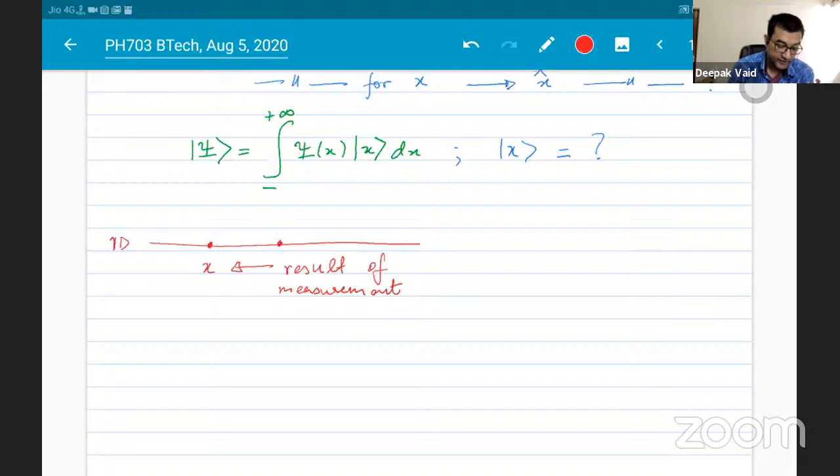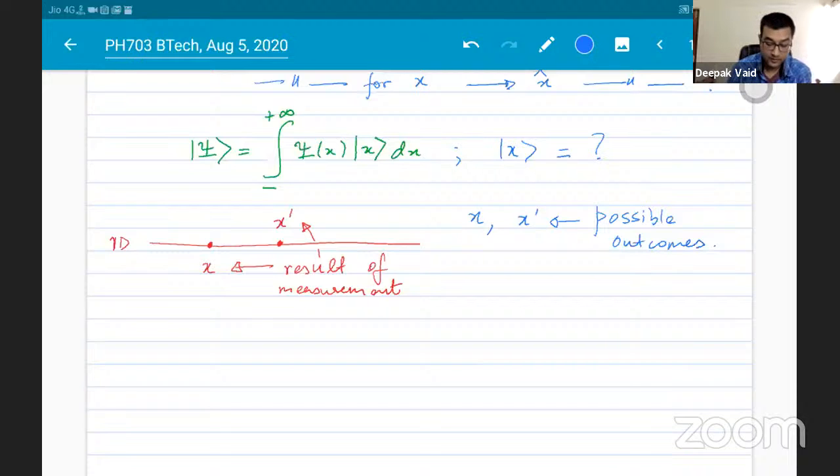But you could also get a different position x prime. This is also the result of measurement. So what are the possible outcomes? Your possible outcomes are any position on the line.